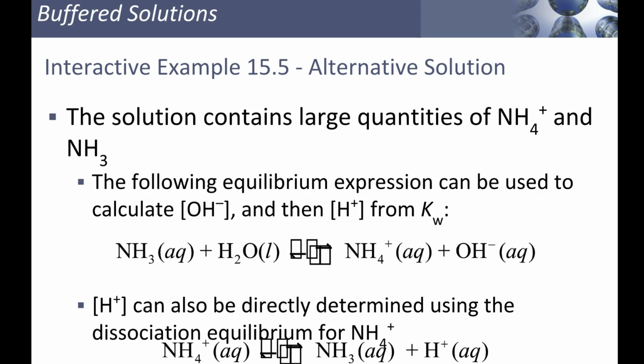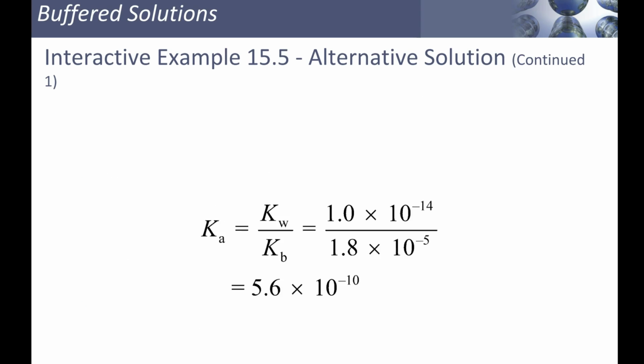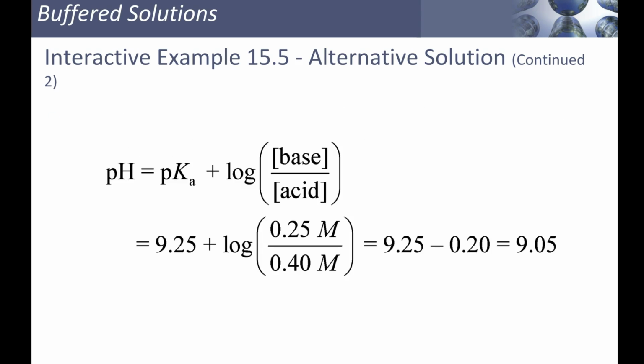Now, your alternative solution to this: you know your Kw, because that's a constant. You were given Kb. Now you can solve for Ka. Once you solve for Ka, then you can do Henderson-Hasselbalch.